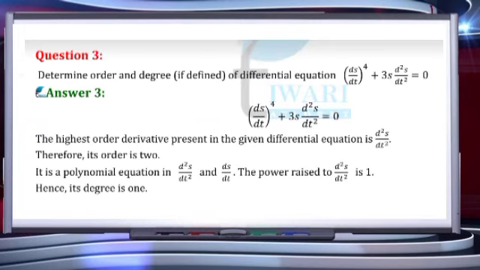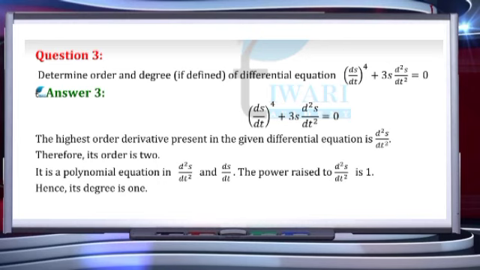Next question number 3: determine order and degree, if defined, of the differential equation (ds over dt) whole raised to power 4 plus 3s d2s over dt square is equal to 0. Again students, the highest order of the derivative that exists in the equation is 2 and the power of this is 1.